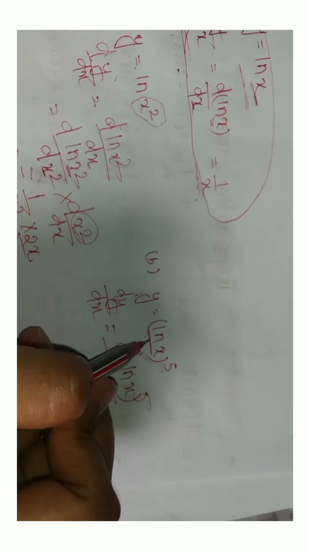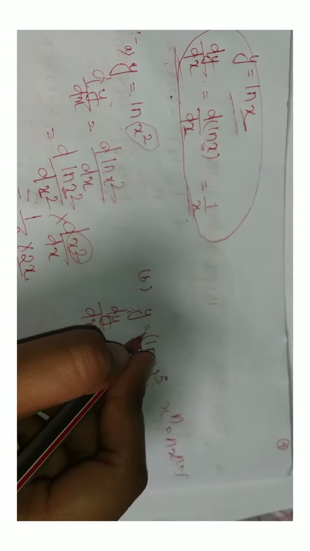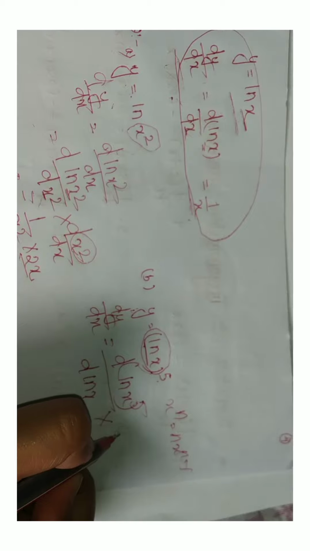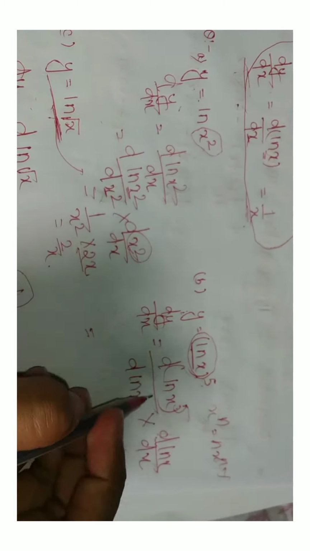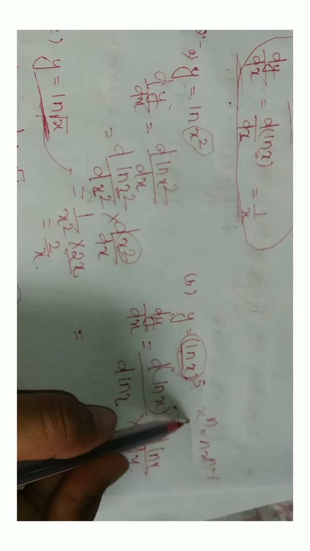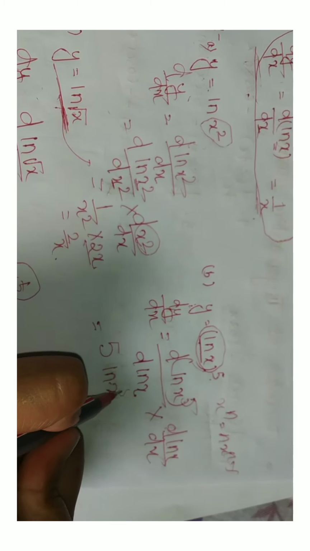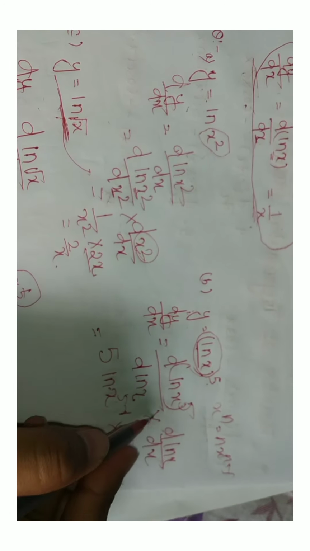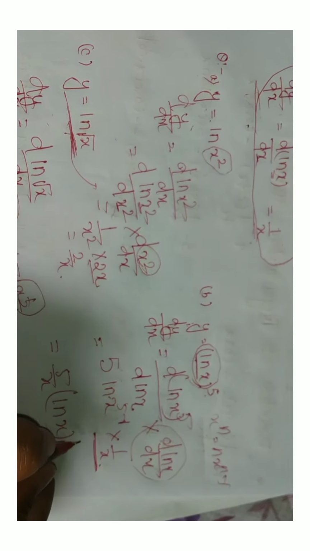It is in the form x to the power n, so n into x to the power n minus 1, so 5 ln x to the power 5 minus 1 into 1 by x. The derivative of ln x is equal to 1 by x, so that is equal to 5 by x into ln x to the power 4.